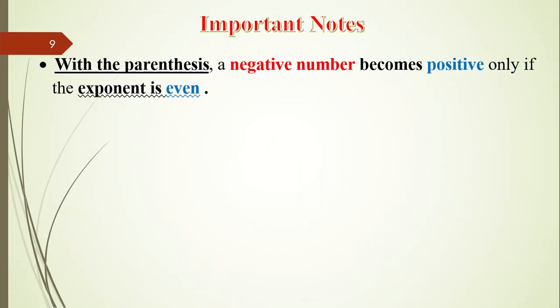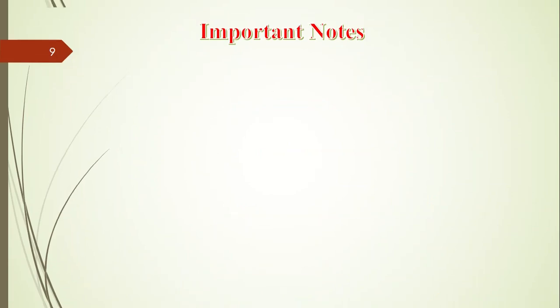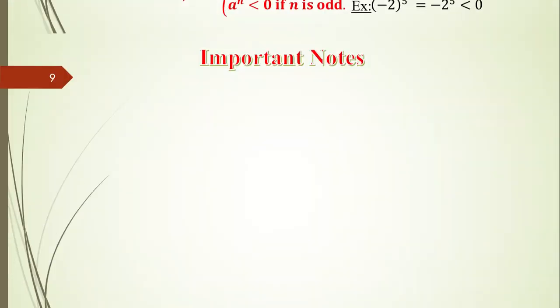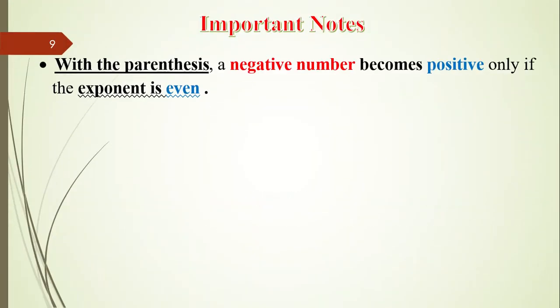Important notes. So here is a summary about the last property. With the parentheses, a negative number becomes positive only if the exponent is even.